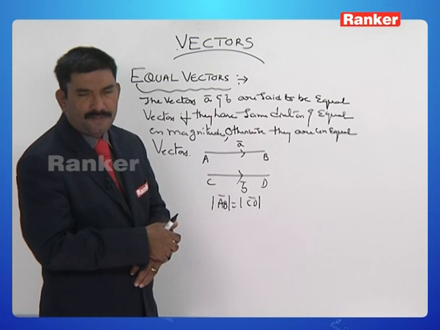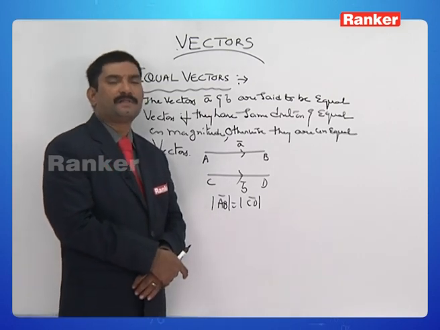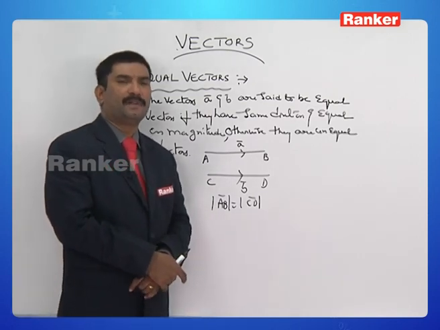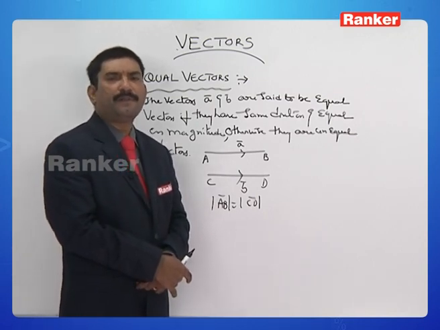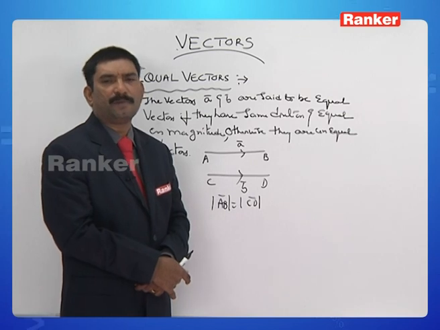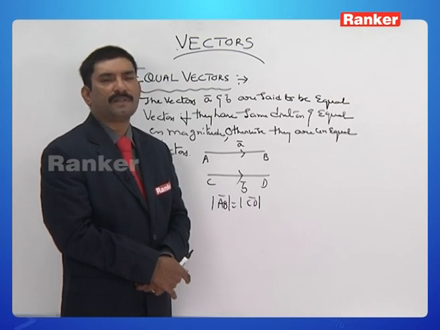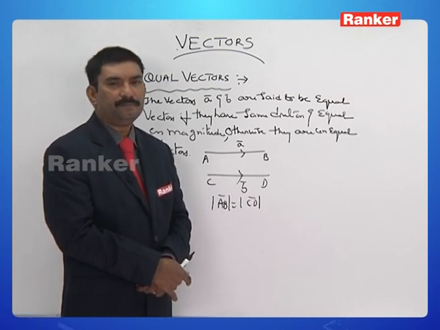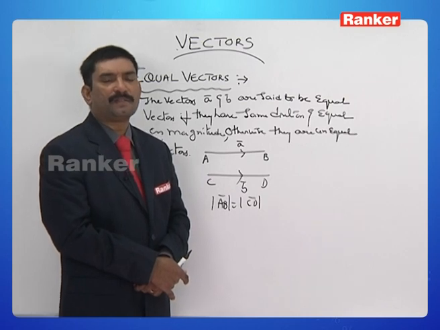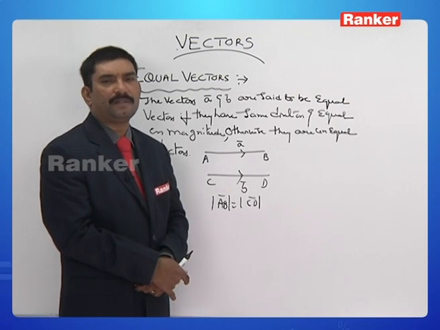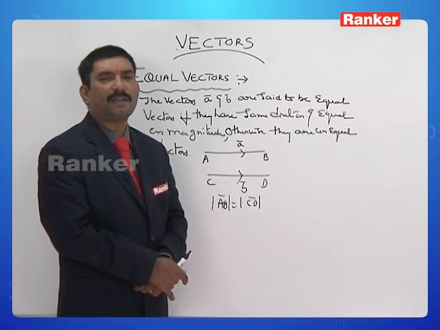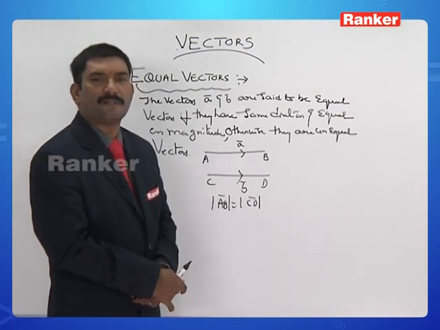Considering two vectors A bar and B bar, they are said to be like vectors when they have the same directions, otherwise they are unlike vectors.